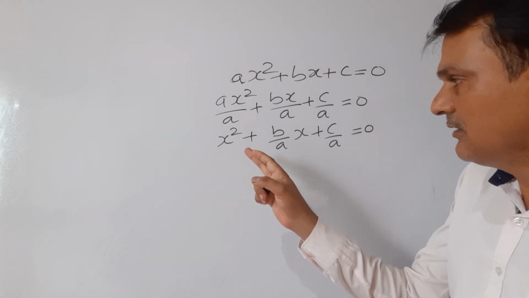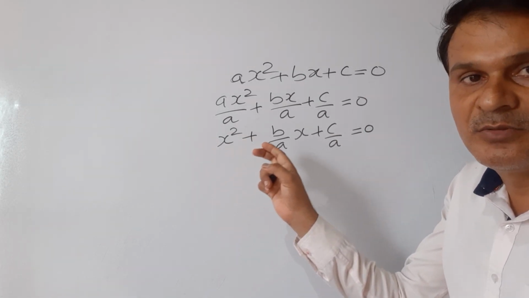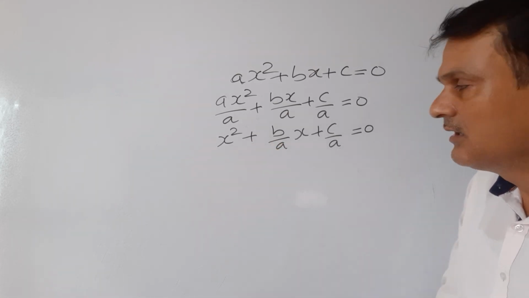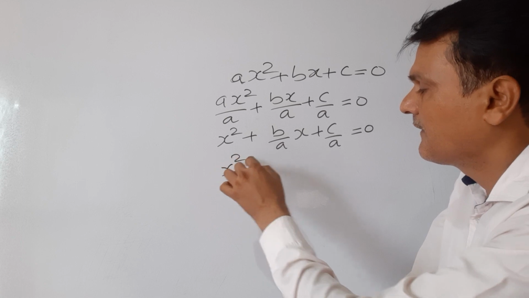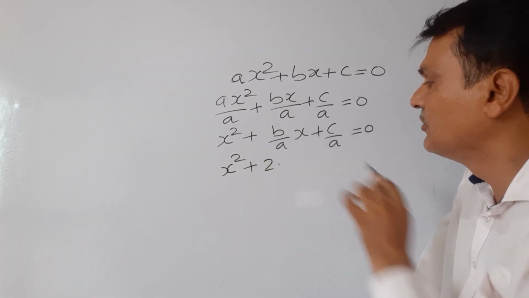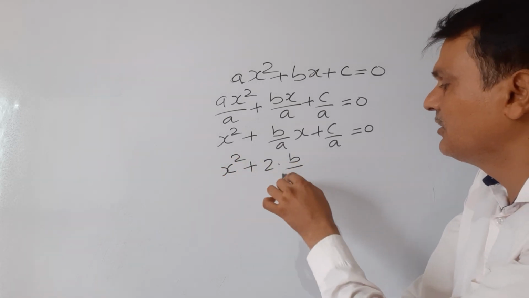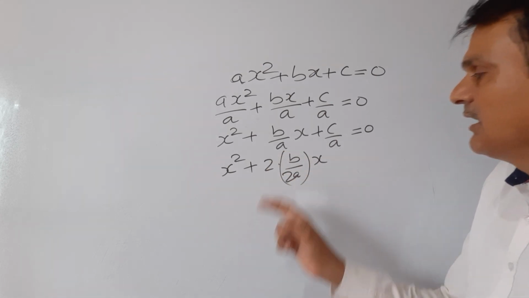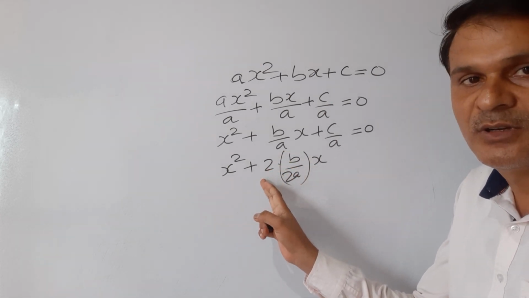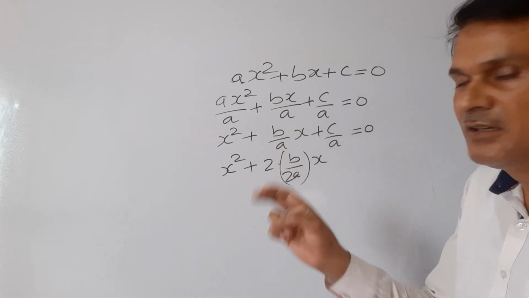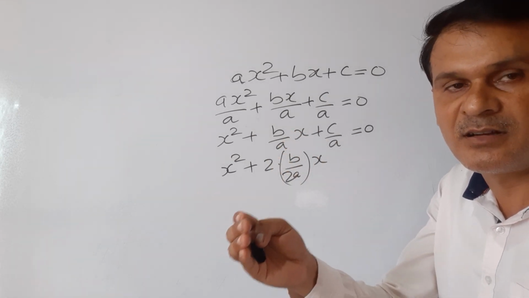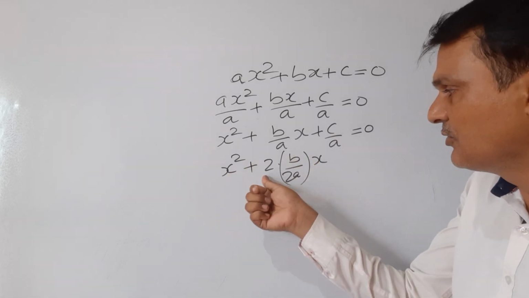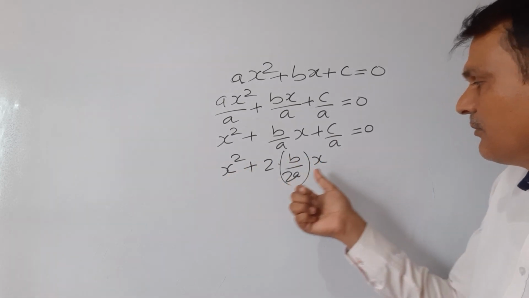To make the equation into square form, we now rearrange this equation like x square plus 2 into b upon 2a x. Here we have taken a factor of 2 from b upon a, because of the formula a square plus 2ab plus b square.